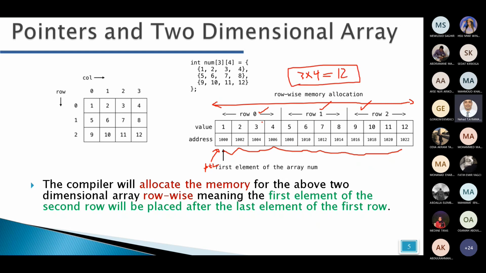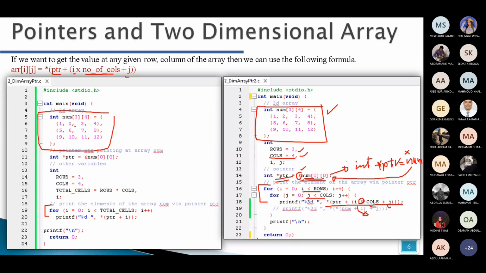So if we need one for loop, we need to know how many elements we have, which is number of rows multiplied by number of columns. Then in this case, we can move sequentially here. Okay, so in this example, we take how many cells, or what's the length of the array. So it's number of rows multiplied by number of columns.